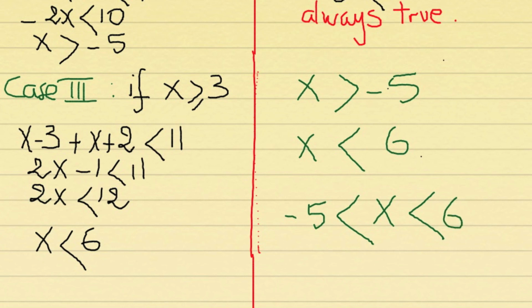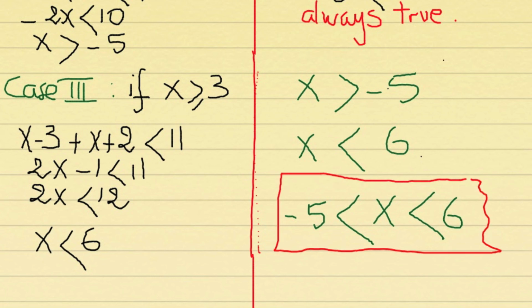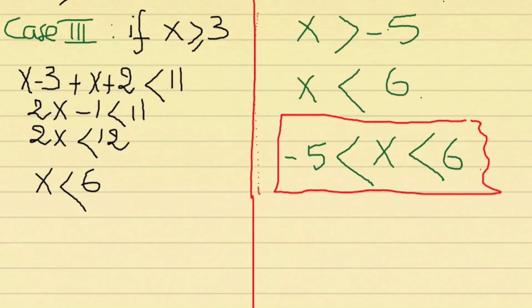And this is basically the solution for our inequality, which we can write as an interval if we were asked to do so, which is the interval negative 5, 6.